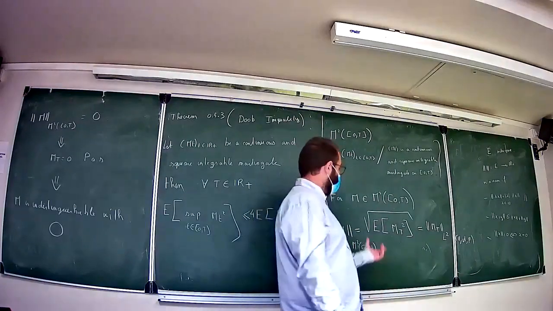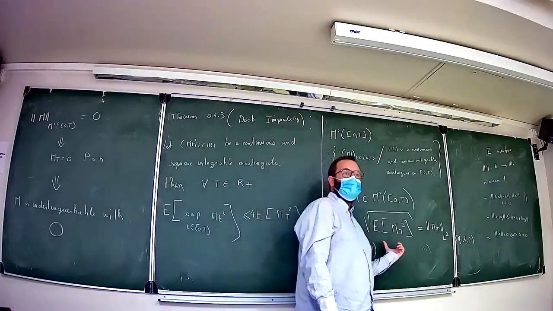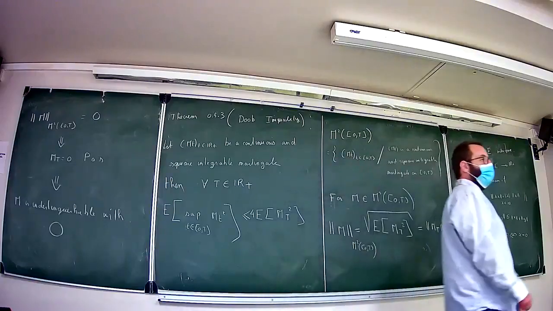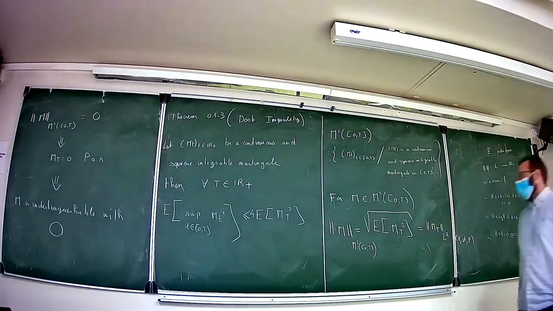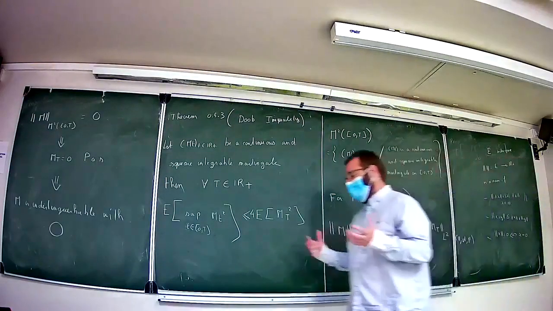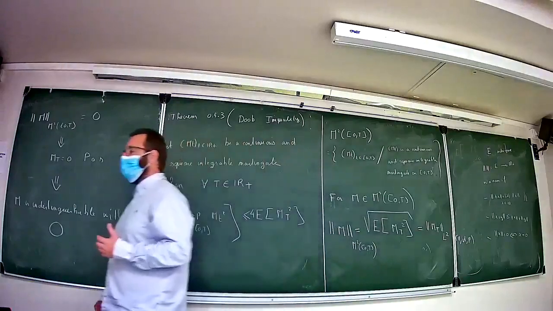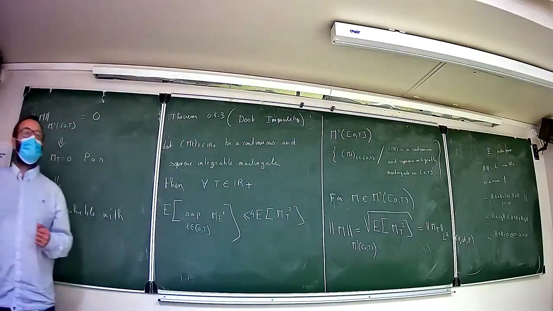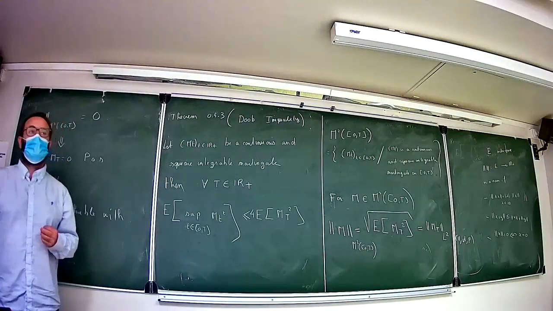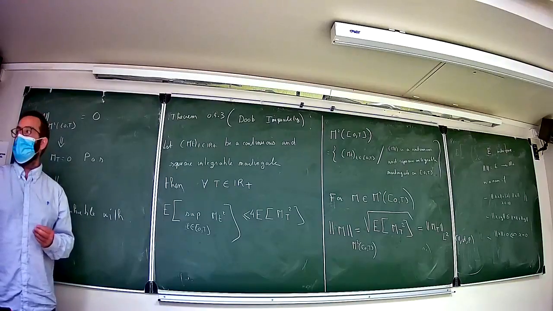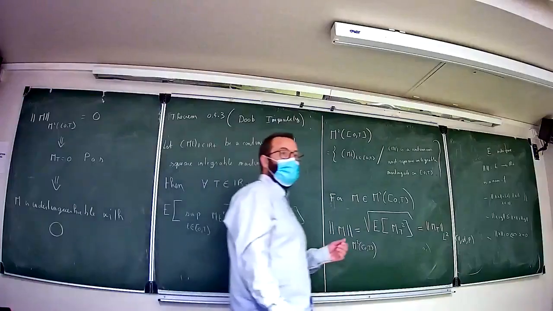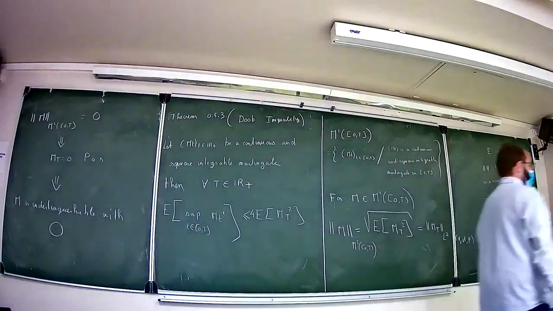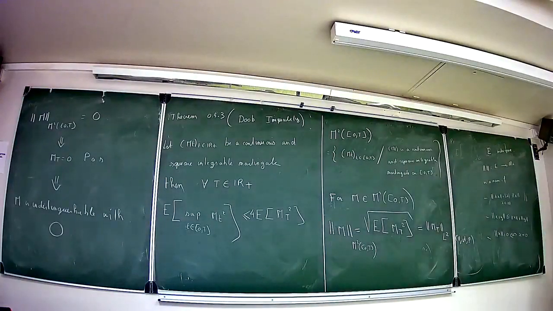Just the square root of the expectation of the square of the final value. You will see that this norm plays a big role in the construction of the stochastic integral, that is the integral with respect to the Brownian motion. We are going to use this deeply in order to build what we call the Ito integral. So keep this in mind.